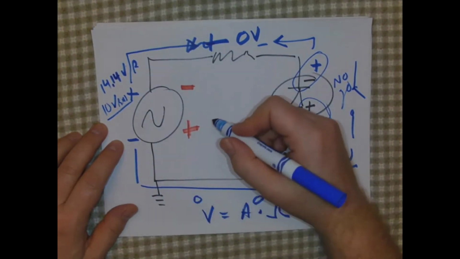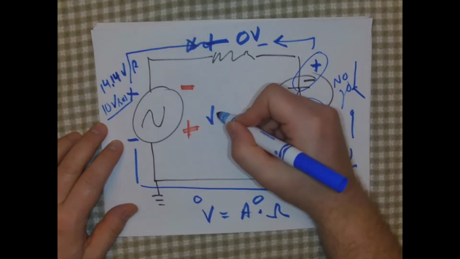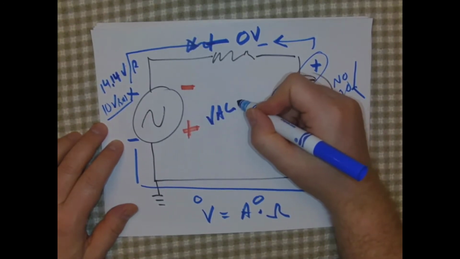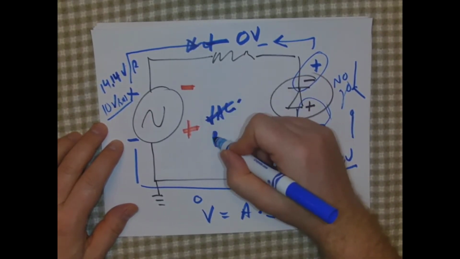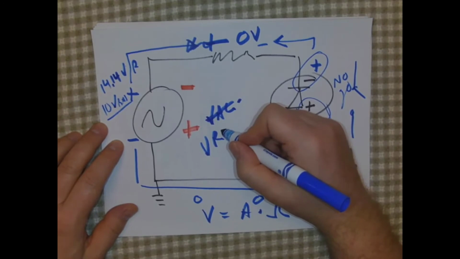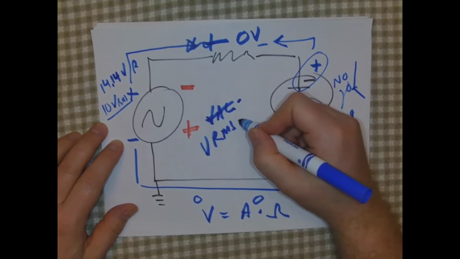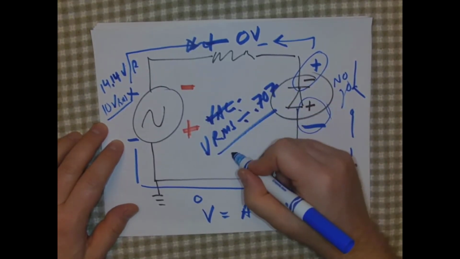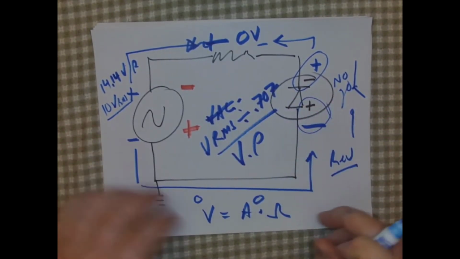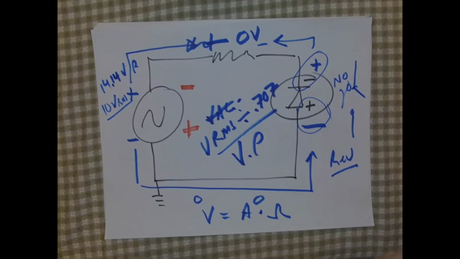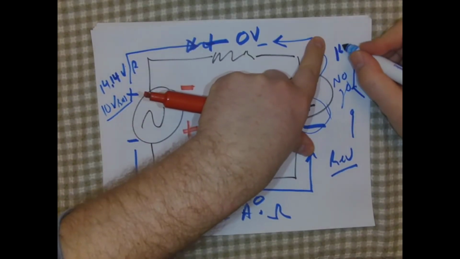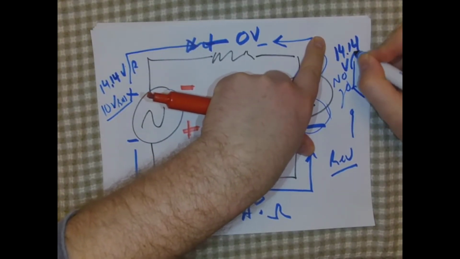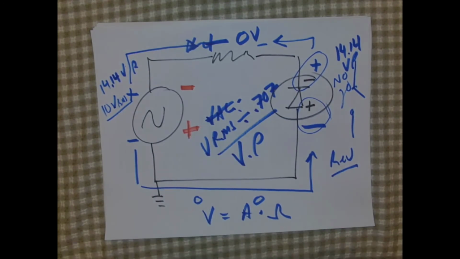How I get that is I take my volts AC, or excuse me, volts RMS, divided by 0.707, and that's going to give me my volts peak. Alright? Now, that means that all 14.14 volts are over here.